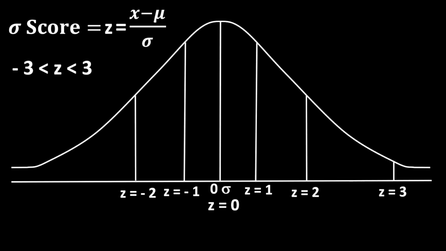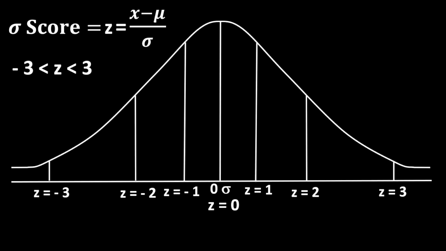Z equals 3 is found after 0 sigma at the right side, and the distance between z equals 0 and z equals 3 is 3 standard deviations. Z equals -3 is found before 0 sigma at the left side, and the distance between z equals -3 and 0 sigma is 3 standard deviations.